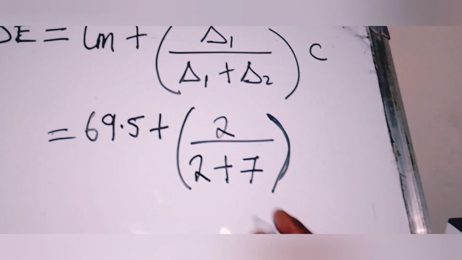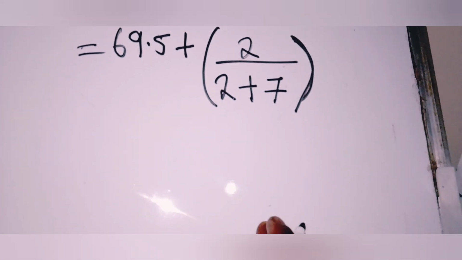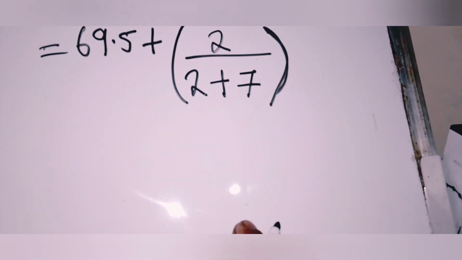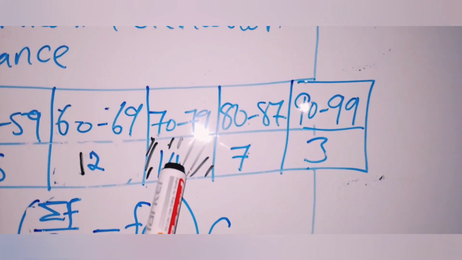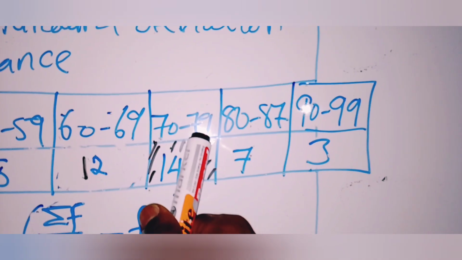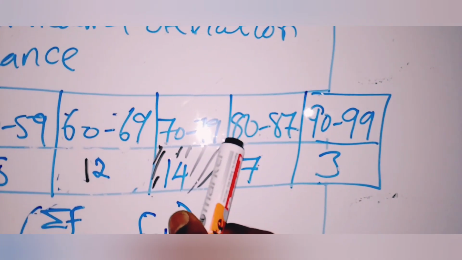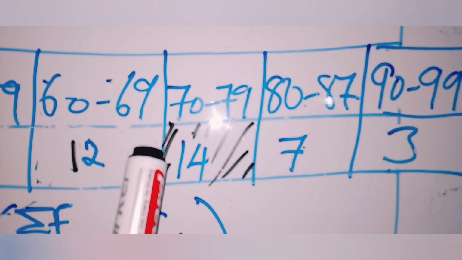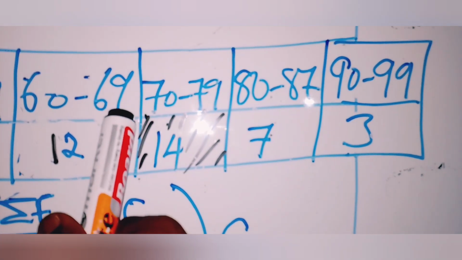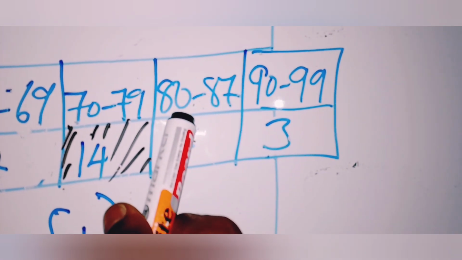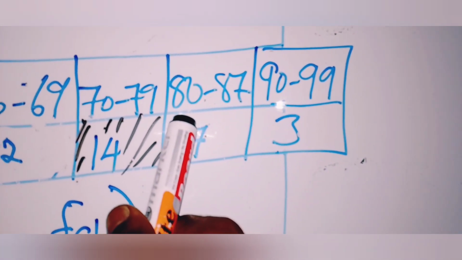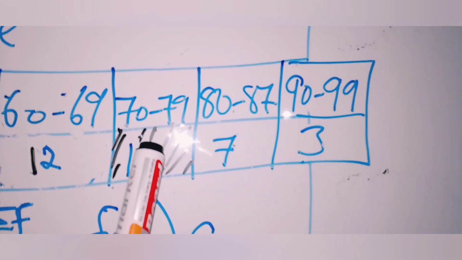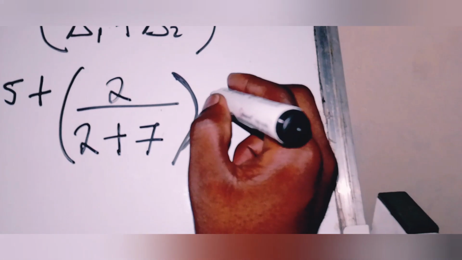Remember, delta 1 is 2. We have replaced, right? Now for the class width, we can say 79.5 minus 69.5. 79 plus 80 divided by 2 is 79.5, and 70 plus 69 divided by 2 is 69.5. So 79.5 minus 69.5 is 10.